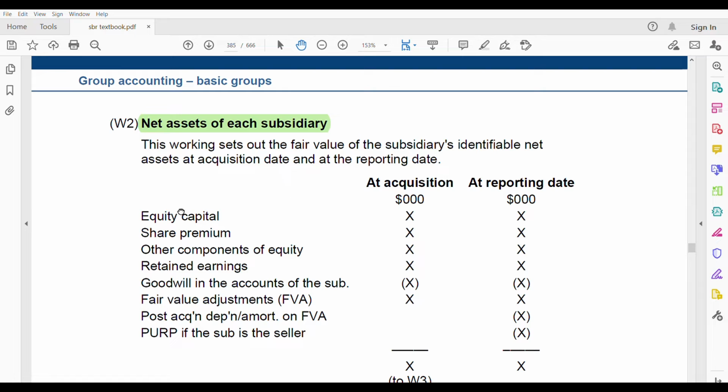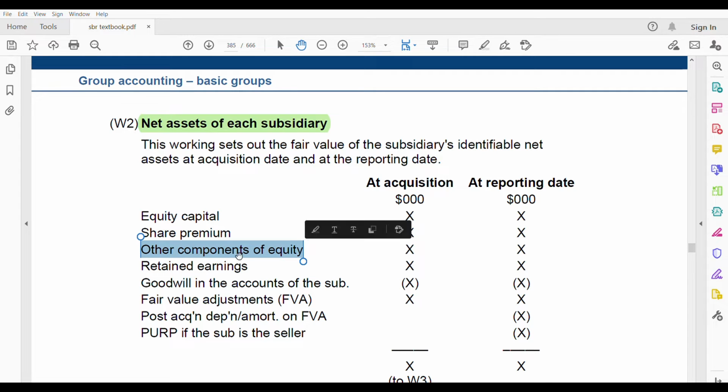Okay, so you start with equity capital. This is from the statement of financial position you will get. And mind you that equity capital and share premium, at acquisition and at reporting date, they are the same. There is no change. The changes come from here, other components of equity.